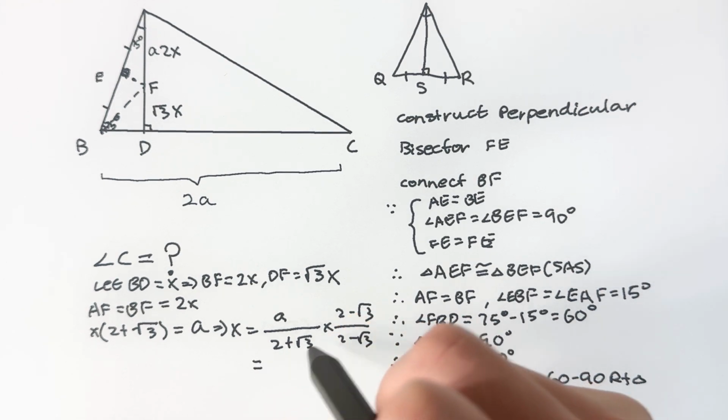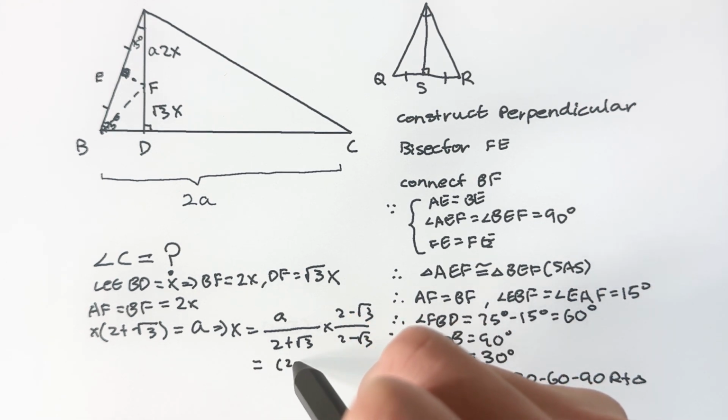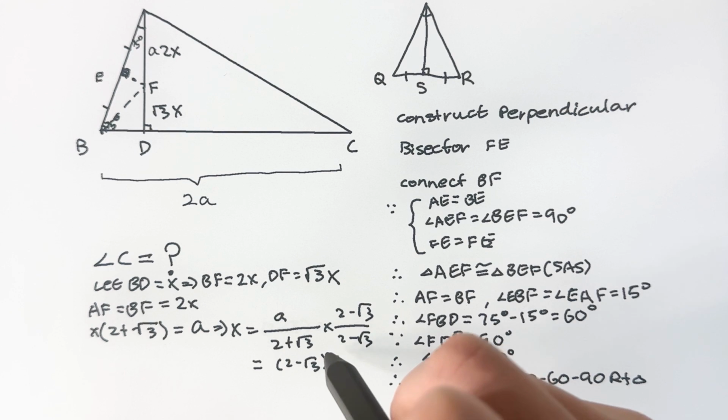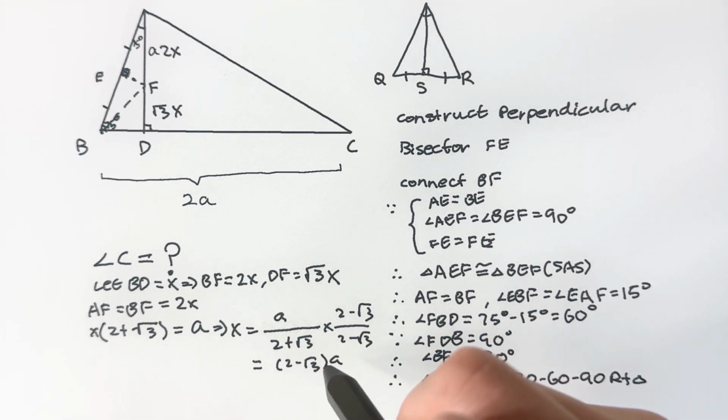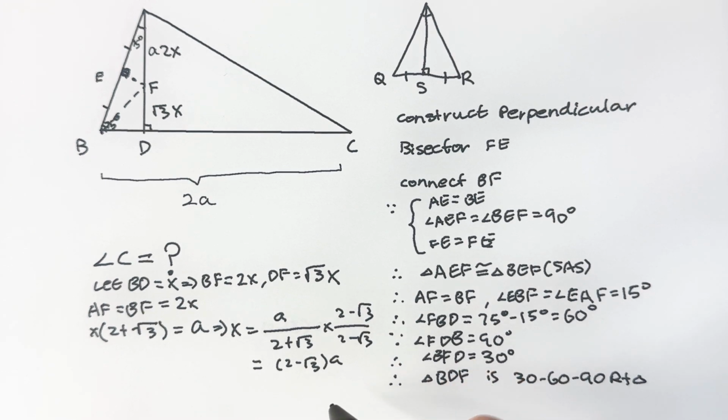The bottom is the difference of squares, which is 4 minus 3, which is 1. So that's how you get (2 minus square root 3)a.